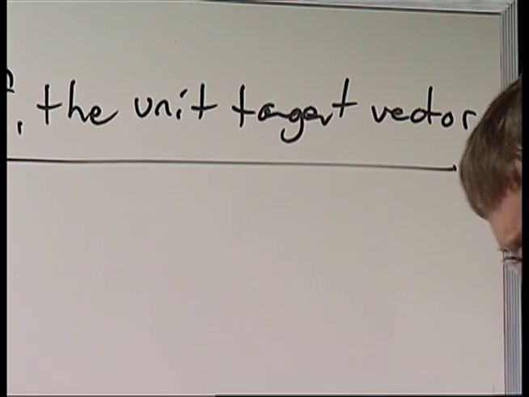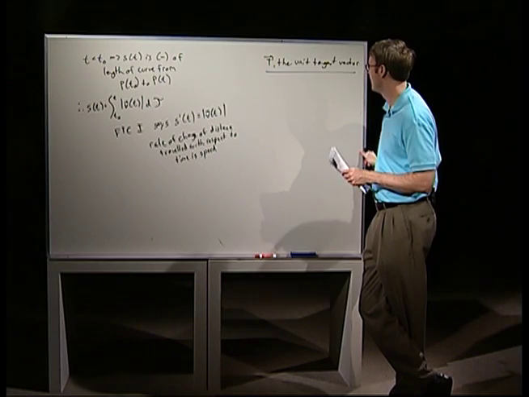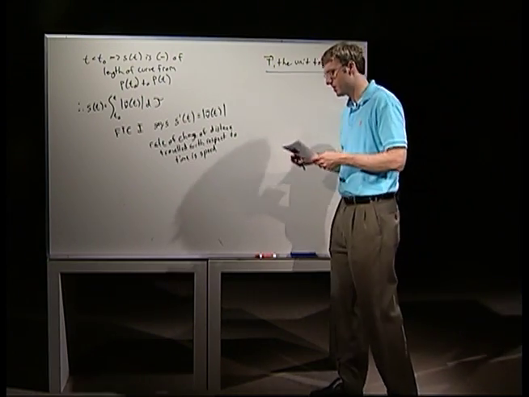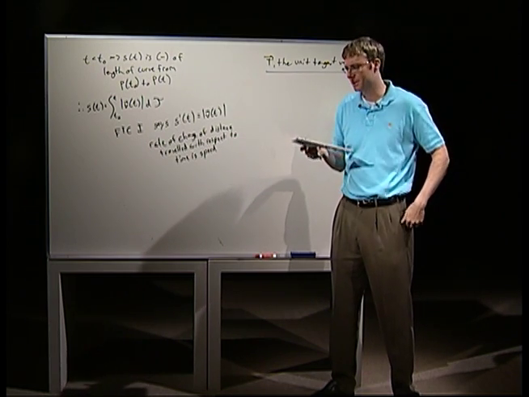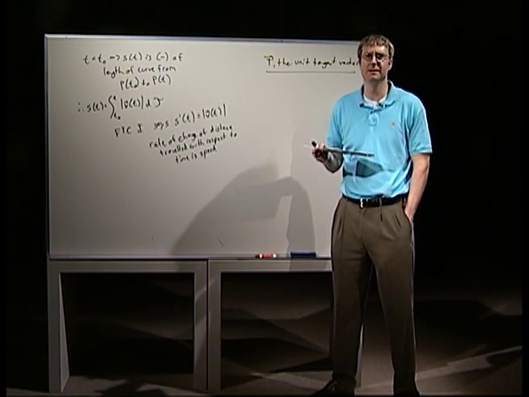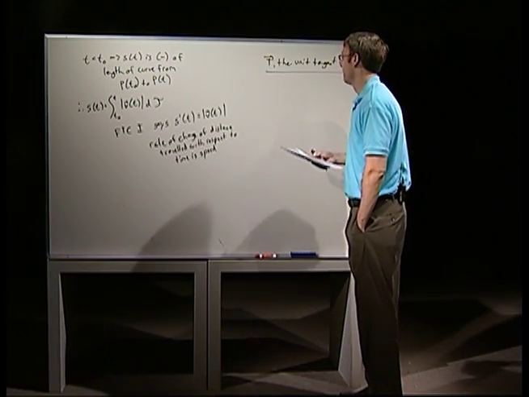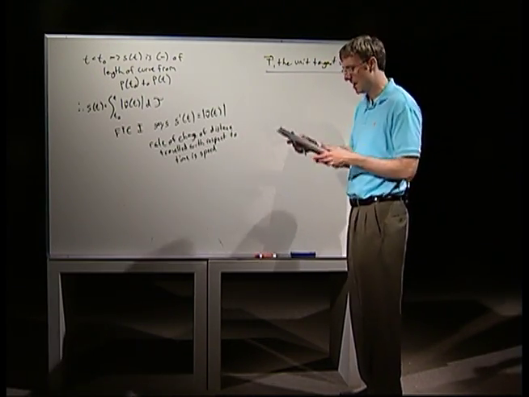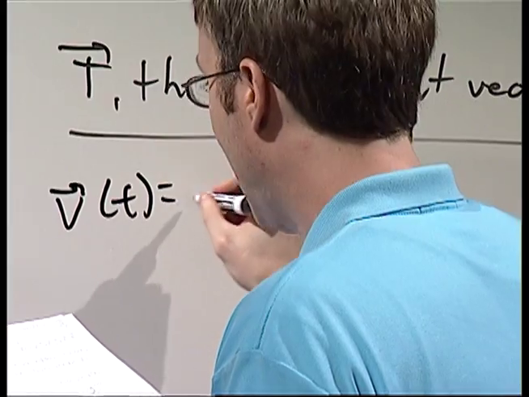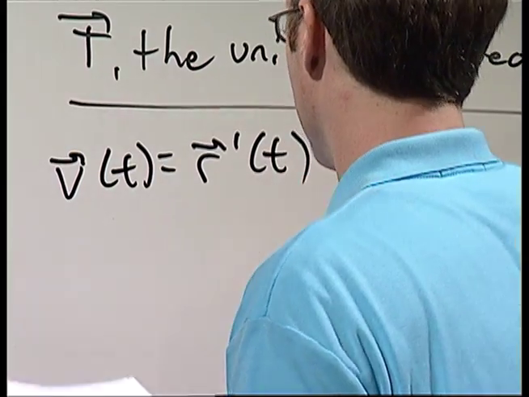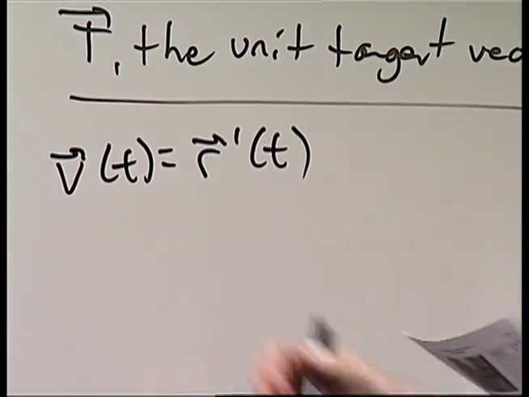Over the next 3 sections, we'll talk about 3 different unit vectors which make up a moving frame of reference for an object moving in actual motion in 3 space. The first one of these will be T, which is the unit tangent. So let's talk about that here. The velocity vector is another word for r prime. So here's position, and its derivative is velocity.